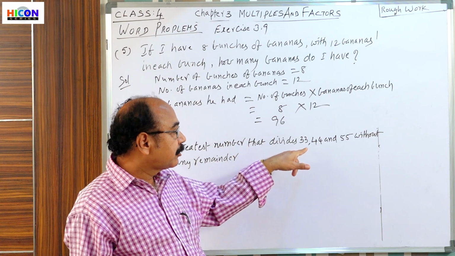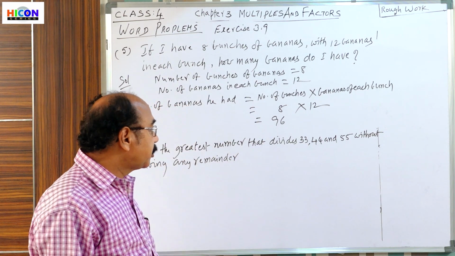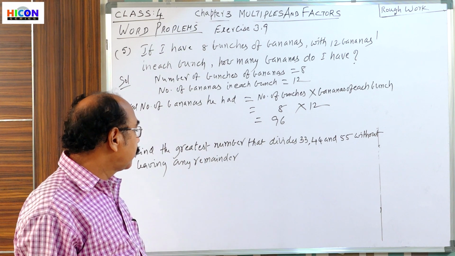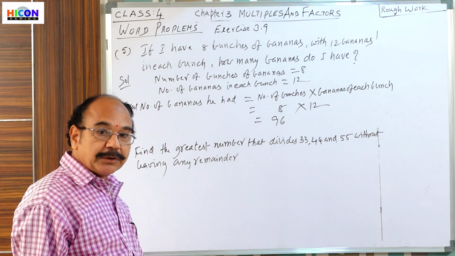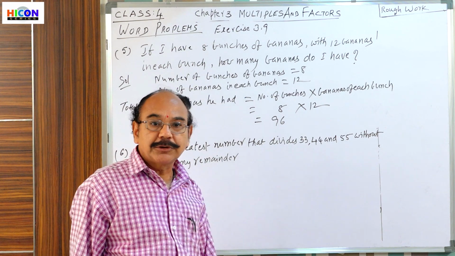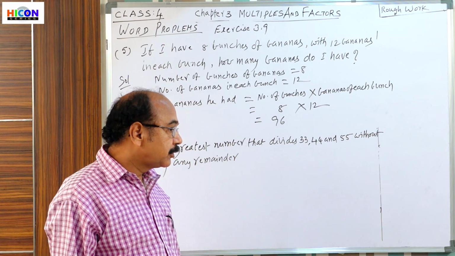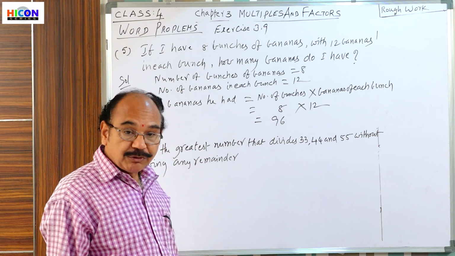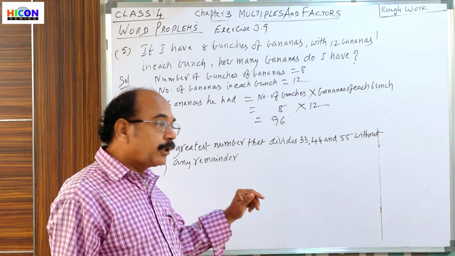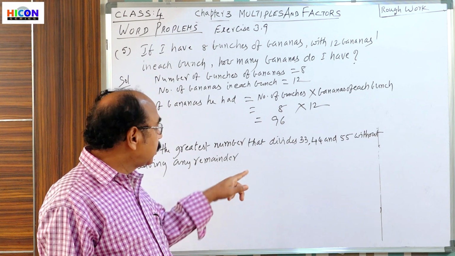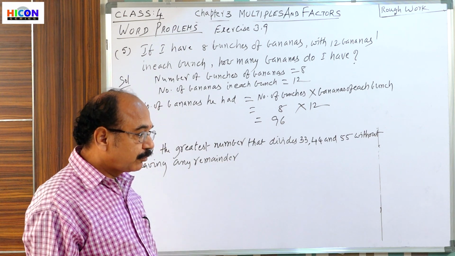Commonly it has to divide the three numbers 33, 44 and 55 without leaving any remainder, that means remainder 0 we have to get. So how do you know this? How can you find the greatest number just by calculating the HCF?